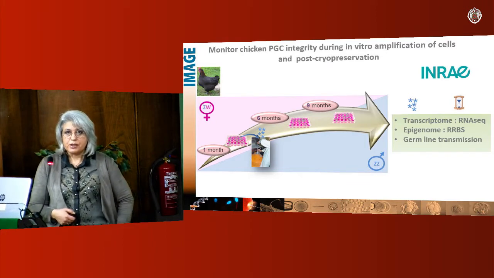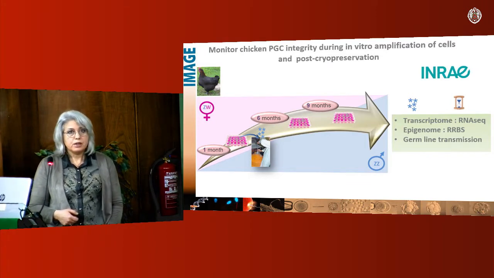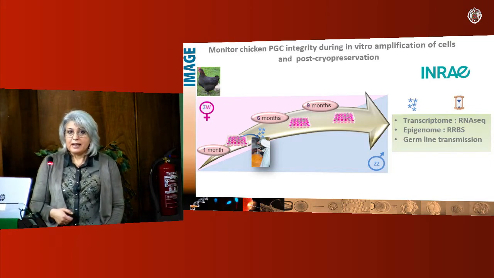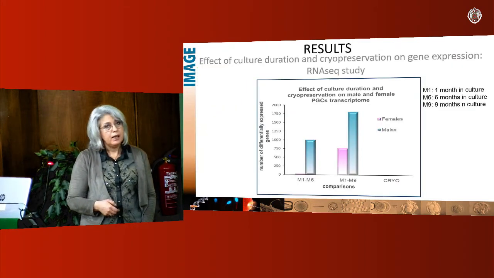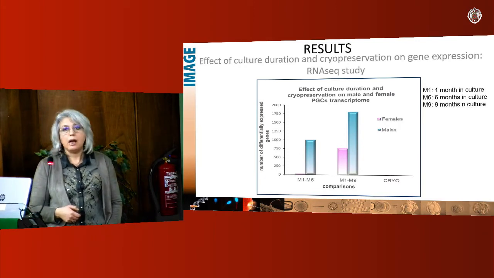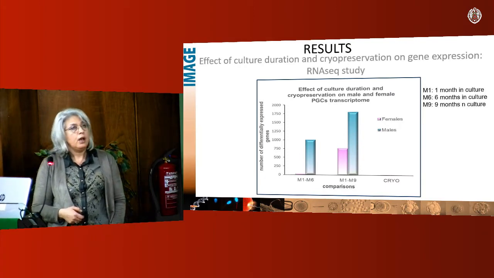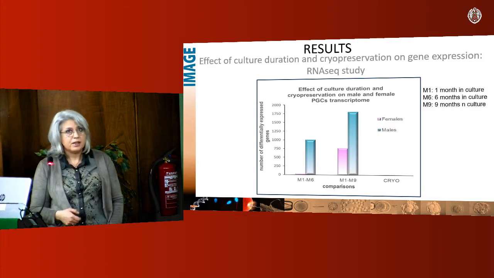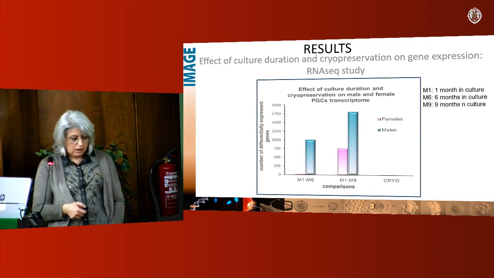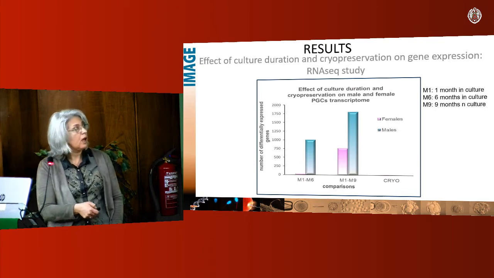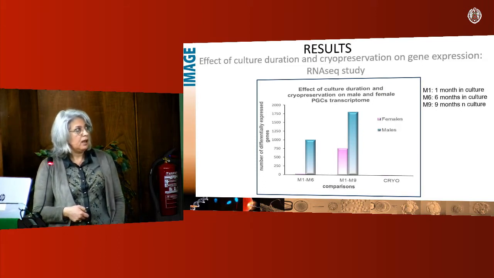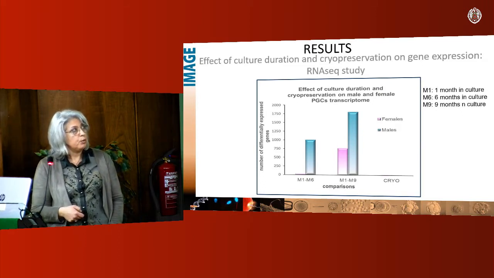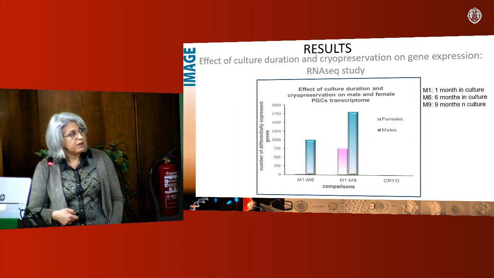To study gene expression and DNA methylation, we used RNA sequencing and reduced representation bisulfite sequencing approaches. The main finding of our RNA-seq study was that long-term culture had a strong effect on the gene expression in male and female PGC. And this effect was more important in the case of male PGC.